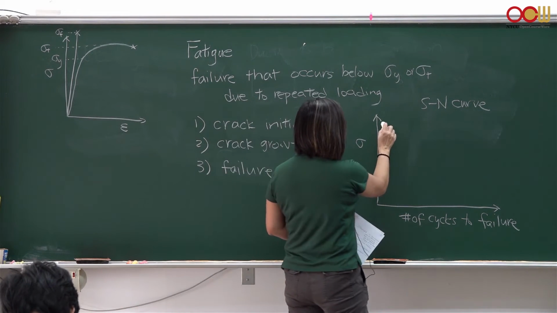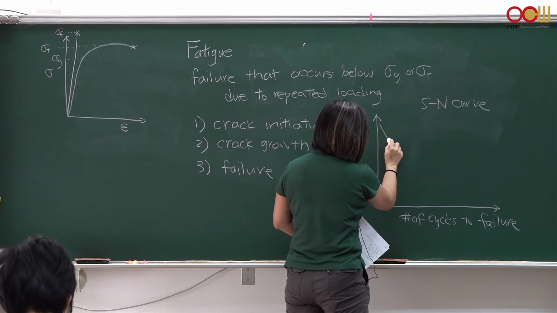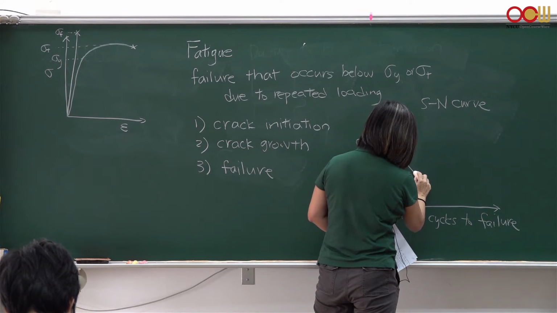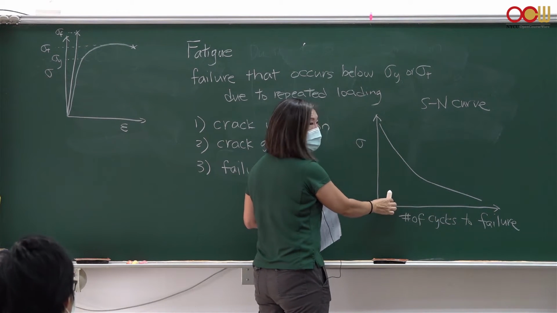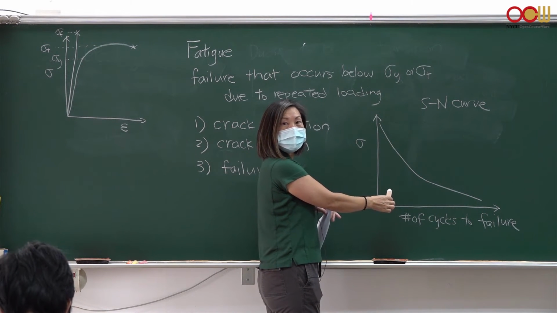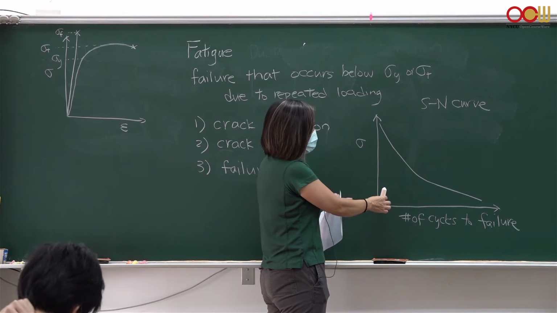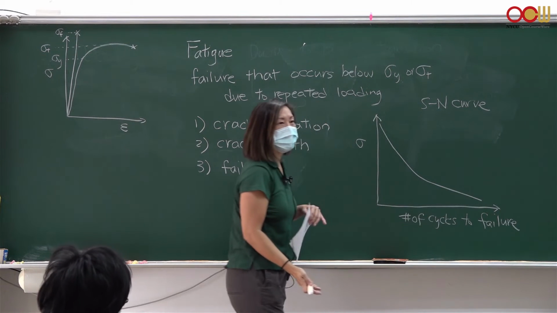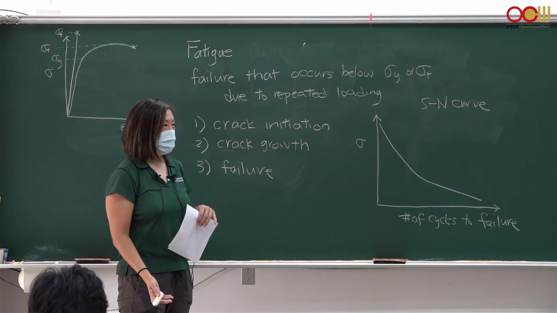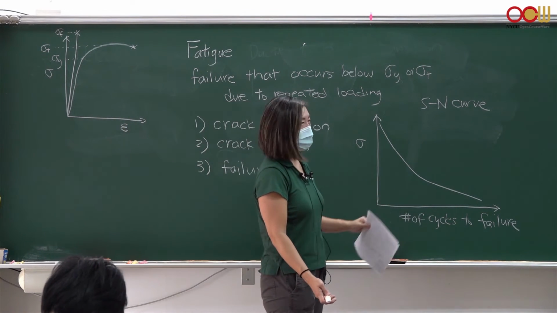As you increase the stress, the number of cycles to breaking becomes lower, right? As you reduce the stress, you can continue to use the material for a longer period of time. So that's a typical SN curve.